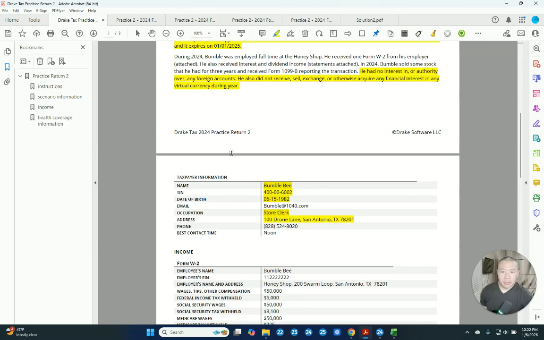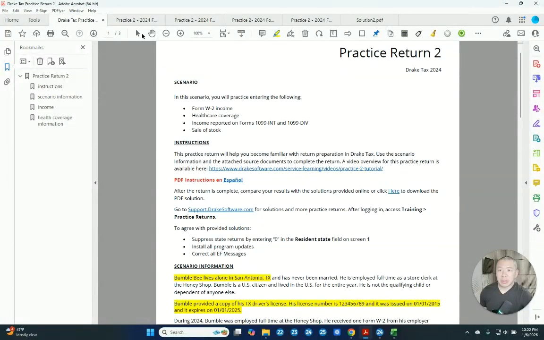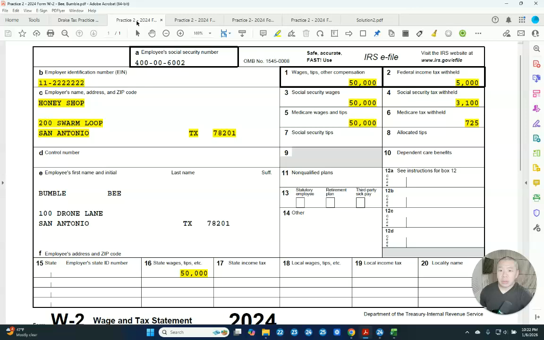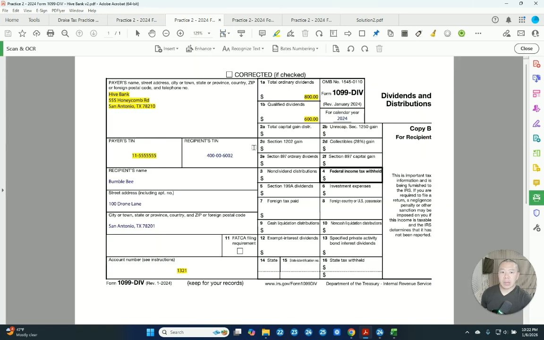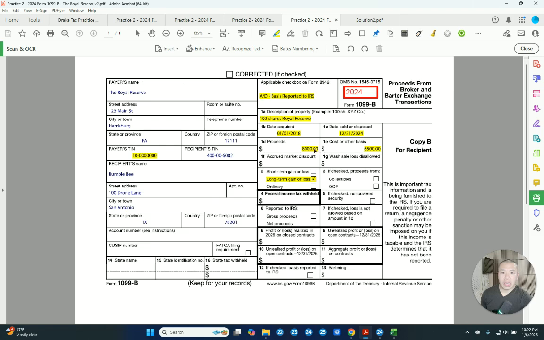So here's all the basic information of the taxpayer, the W-2s, which I'll have up here. So here's what a W-2 would look like. For this client, they should send you this 1099 dividend form, this 1099 interest form. I kind of highlighted the items that I would be reporting on my tax return.